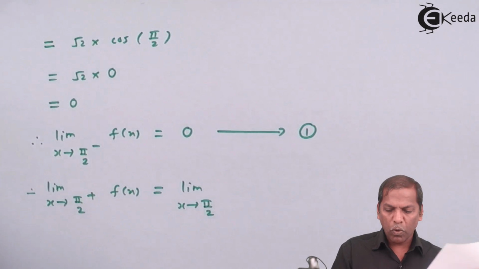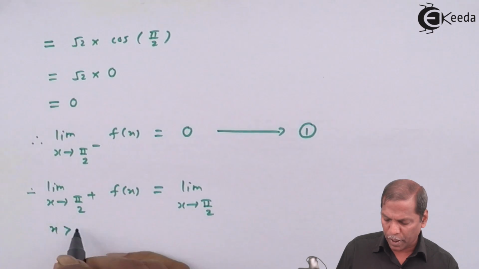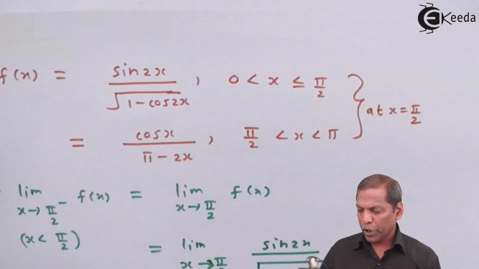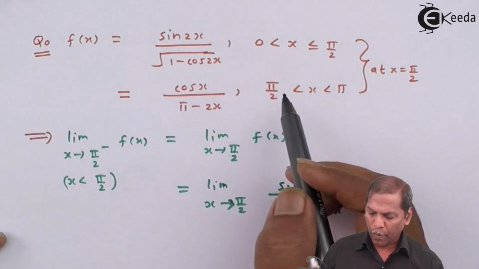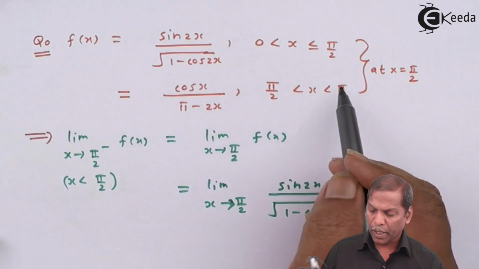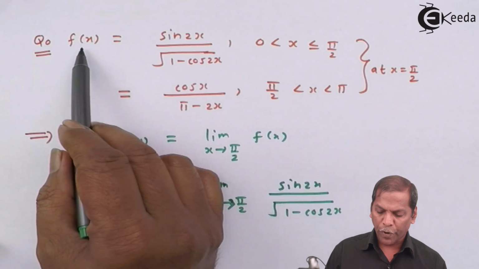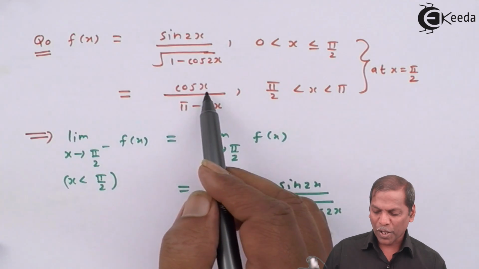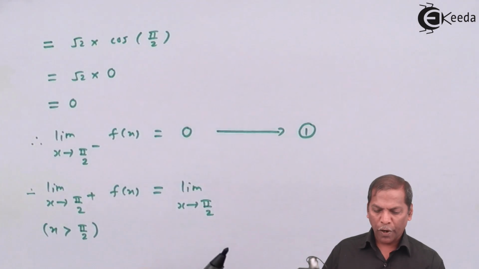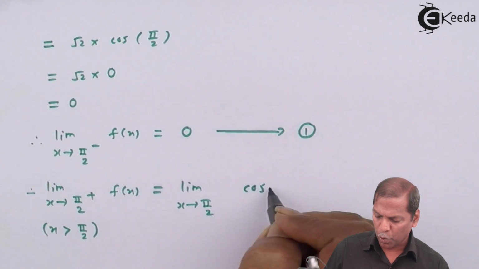Now pi by 2 plus means x should be greater than pi by 2, and from the question pi by 2 less than x less than pi, that is pi greater than x greater than pi by 2, we have f of x is equal to cos x upon pi minus 2x. So here for f of x we substitute cos x upon pi minus 2x.